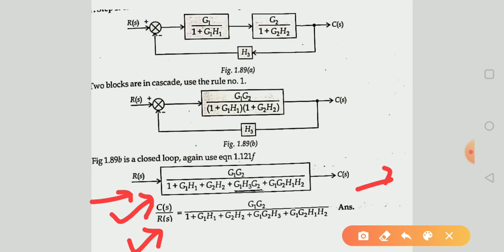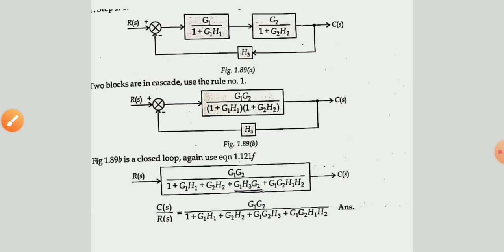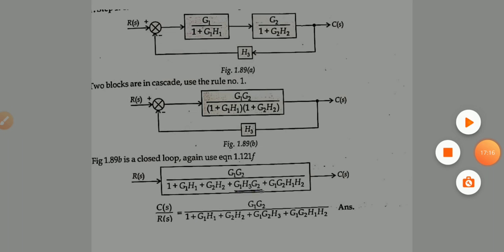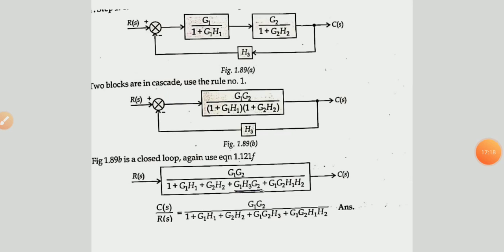Okay, if we calculate the ratio of output to input, the value of this transfer function is this. So by the block diagram reduction technique, we can simplify these blocks into a simple block.